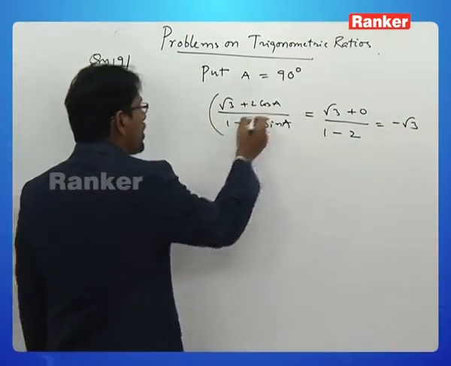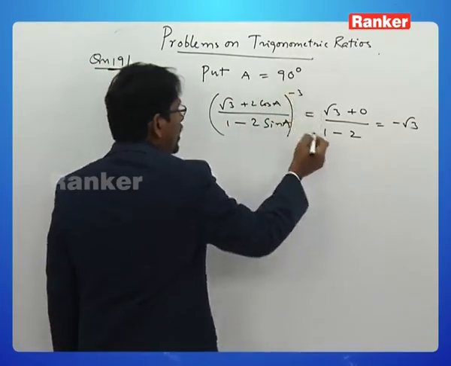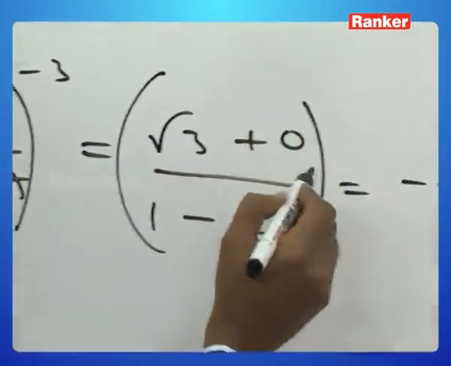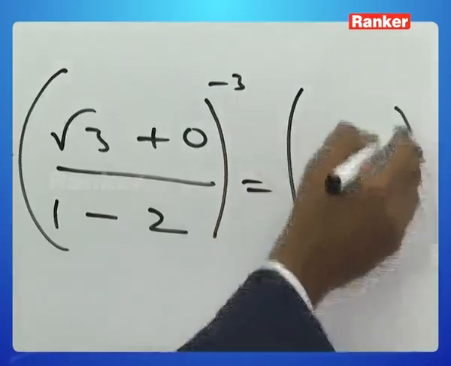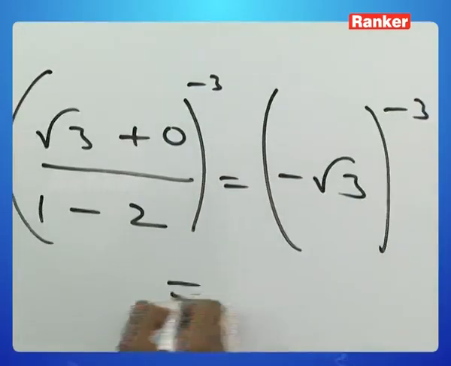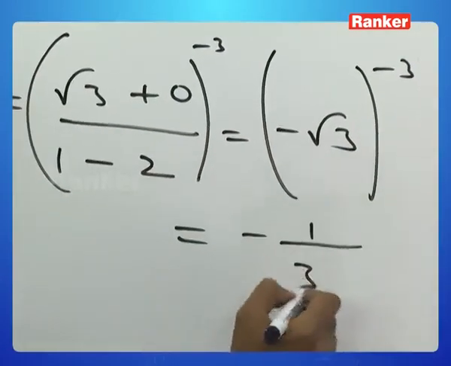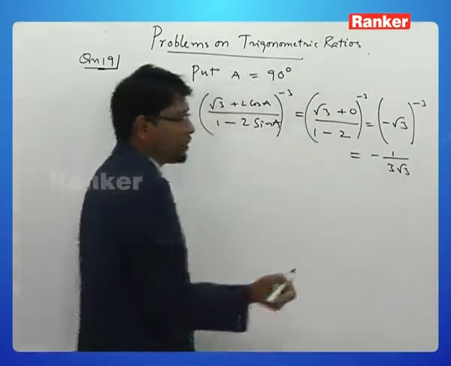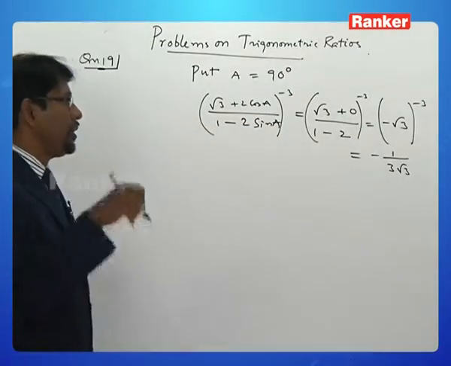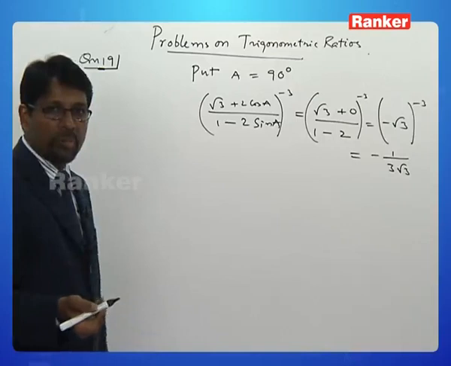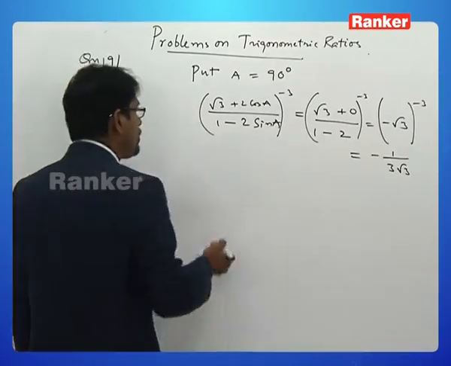So this raised to the power minus 3 will be minus root 3 raised to the power minus 3, which is minus 1 by root 3 whole cube, that makes it minus 1 by 3 root 3.